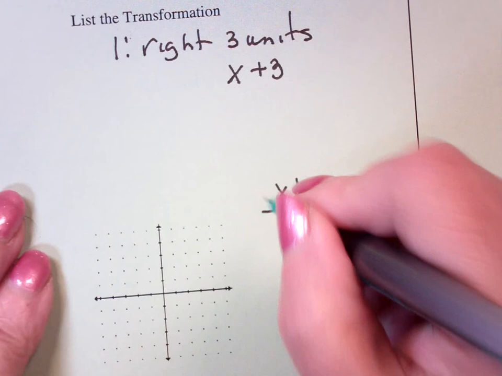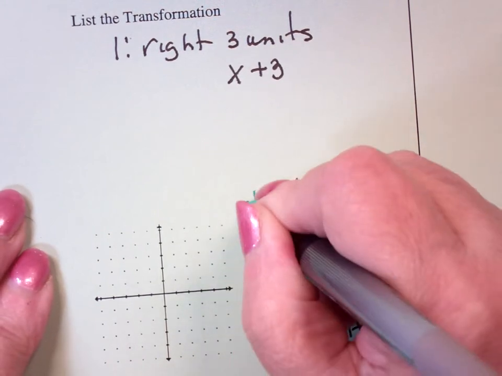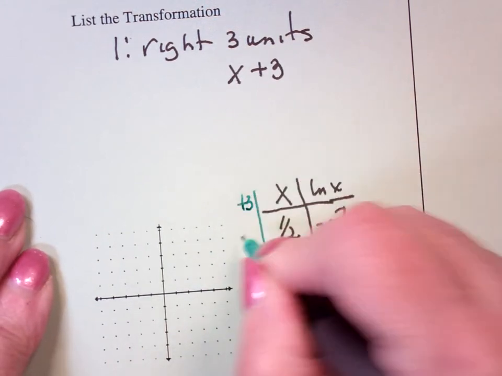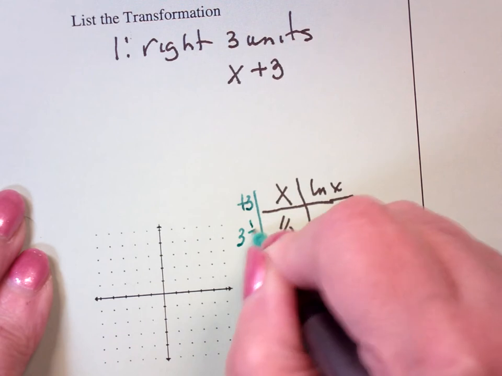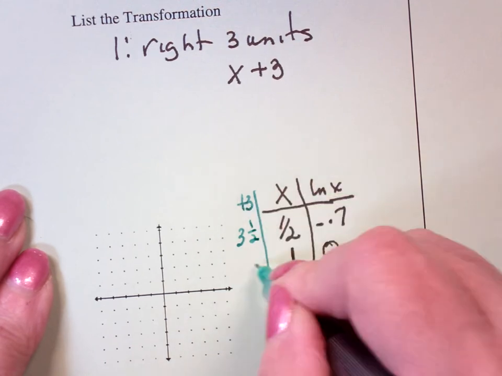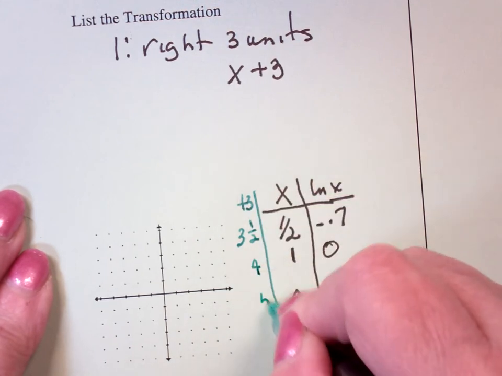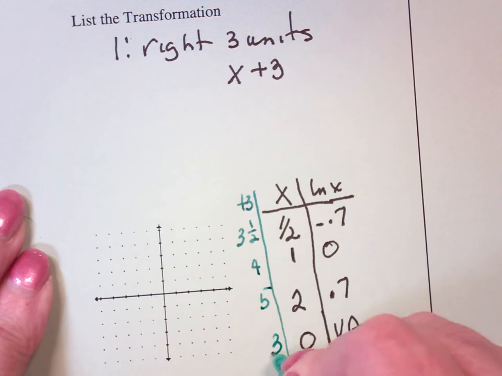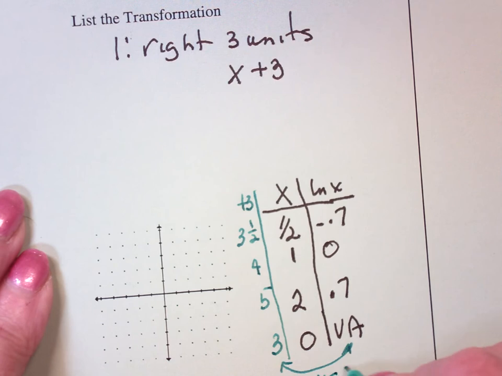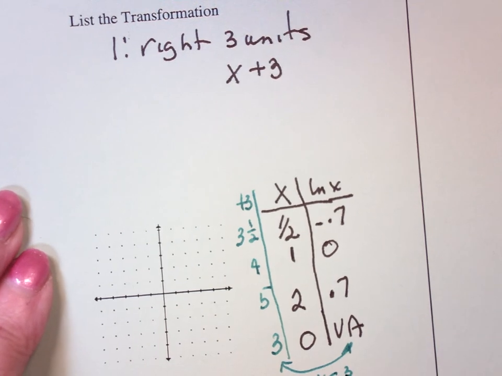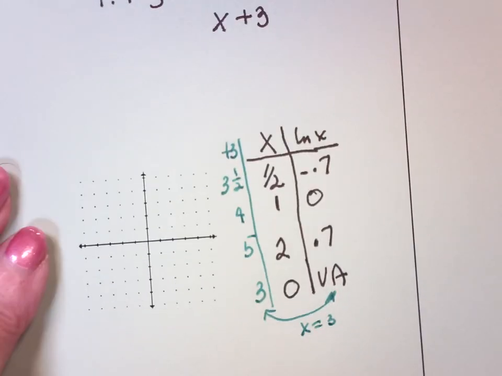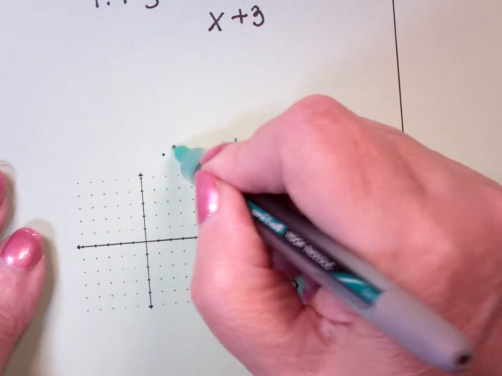So that says I need to add 3 to the x's. So this is going to be 3 and 1/2, 4, 5. My new VA is going to be x equals 3. So x equals 3.